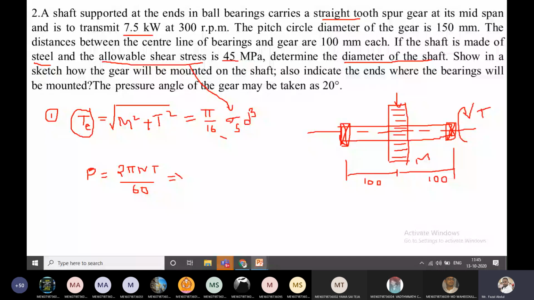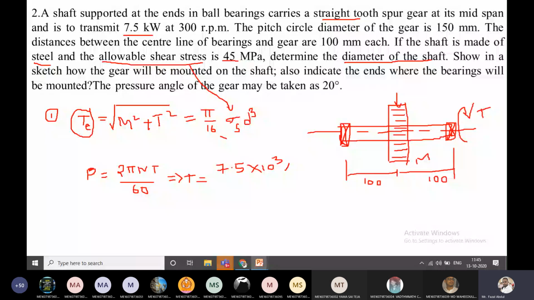Power is given 7.5 into 10 cube. Substituting the power, I am writing here 7.5 into 10 cube into 60 by 2 pi.